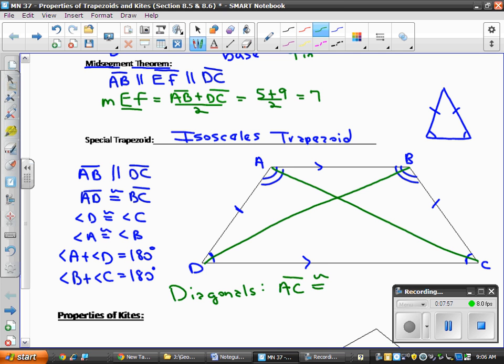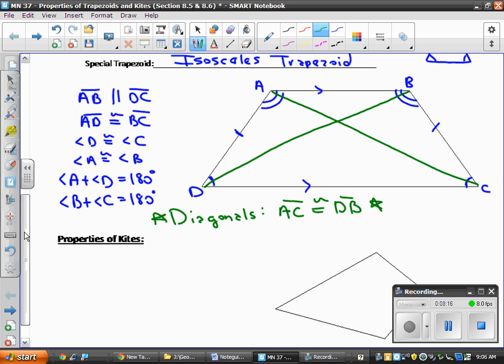So the length of those diagonals will be the same, and that's really important to remember. So the isosceles trapezoid is a special case of the regular trapezoid, with a lot of little properties that might be intuitive, but that you definitely need to remember.